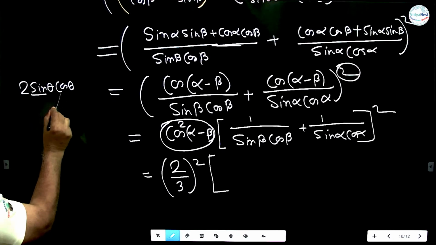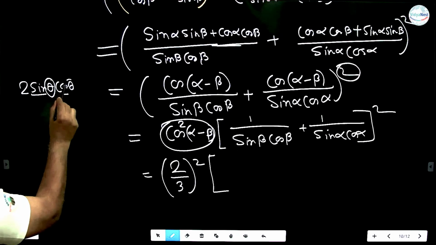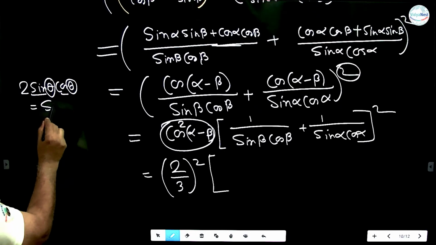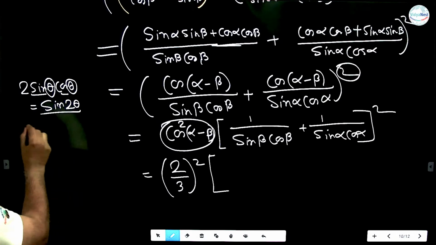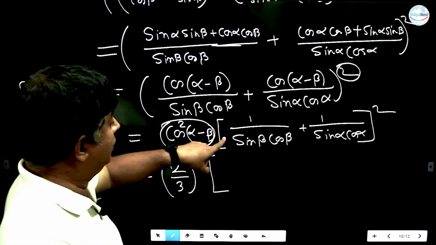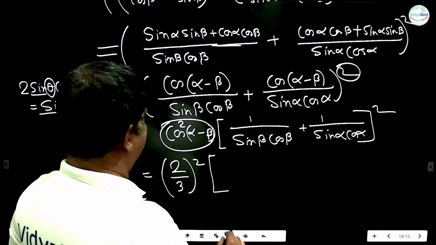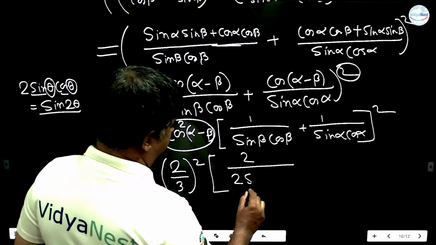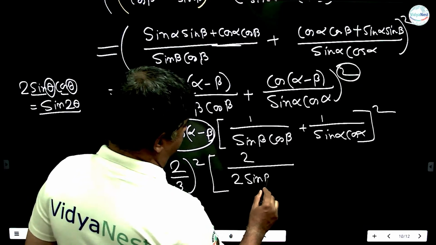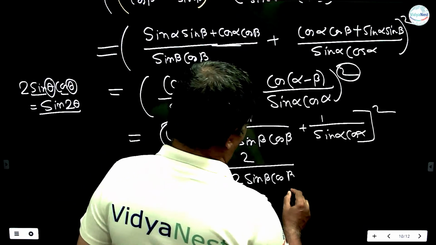See, in both cases, angles are same. Sin 2 theta, but 2 is missing here. So, multiply numerator and denominator by 2.